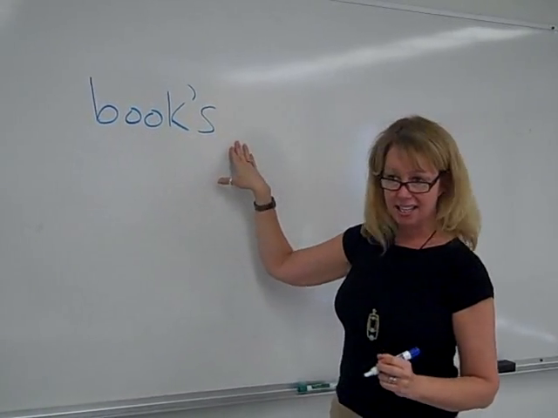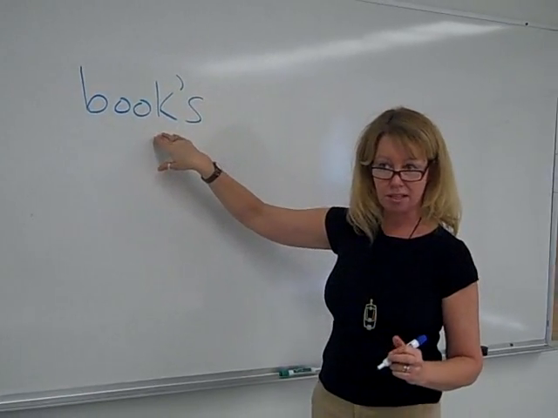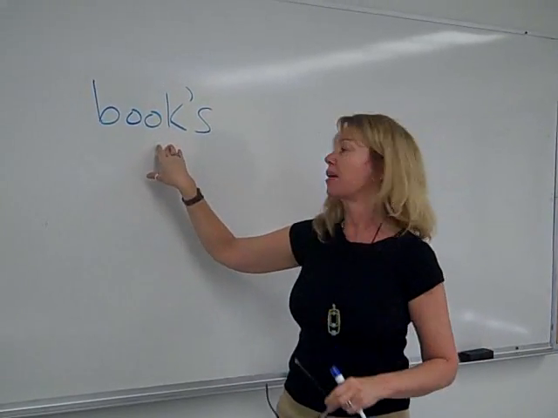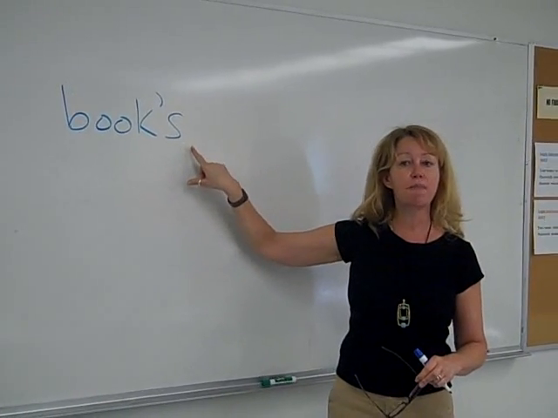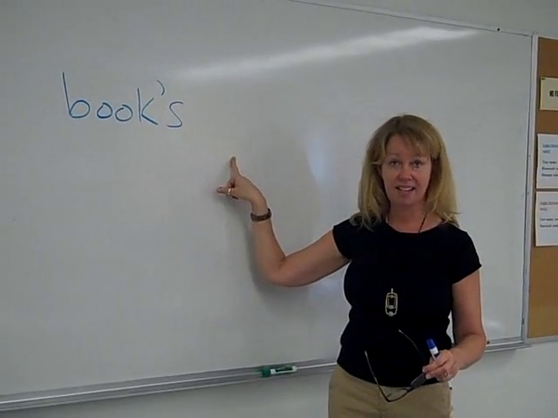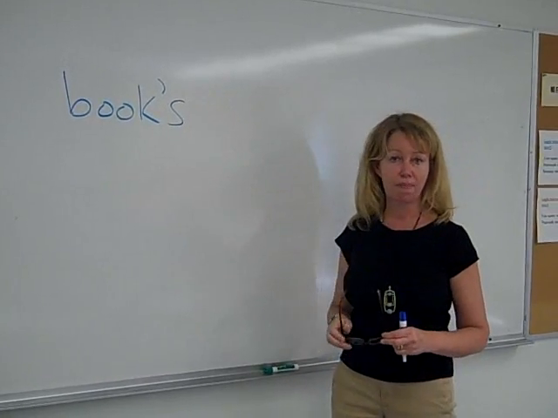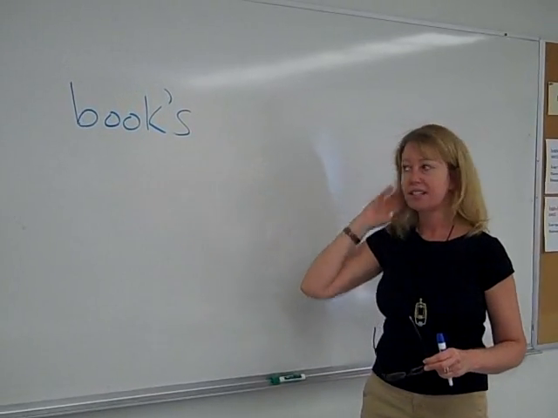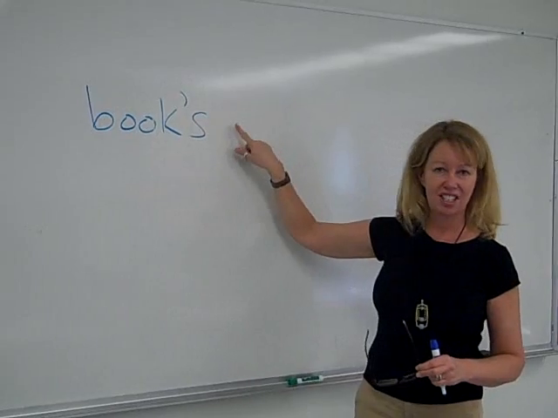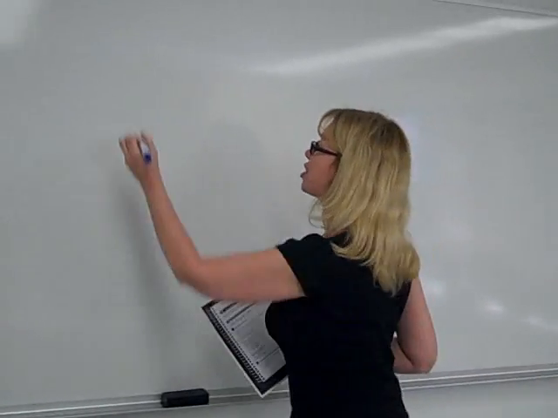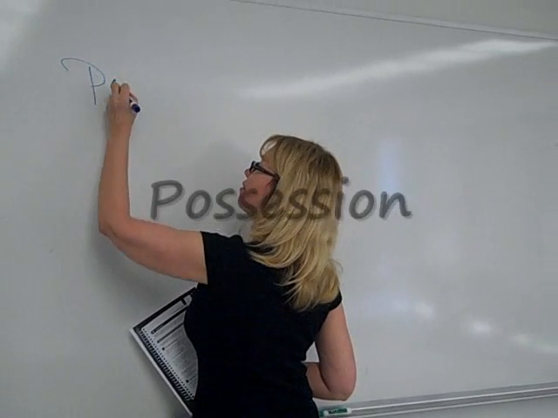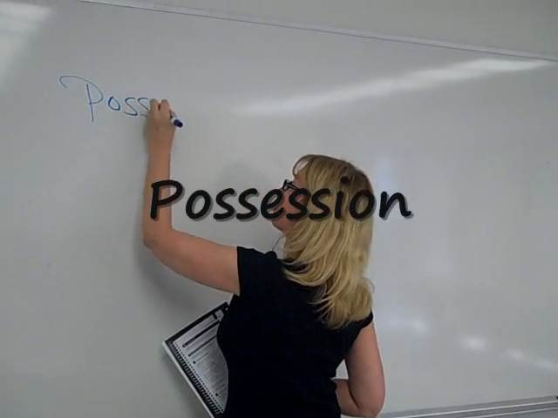It's something like, this is a possession of the books, for example, or of the book. For example, I didn't understand the book's ending, right? So it's the possession of the book, the ending of the book. So never do this to show a plural.